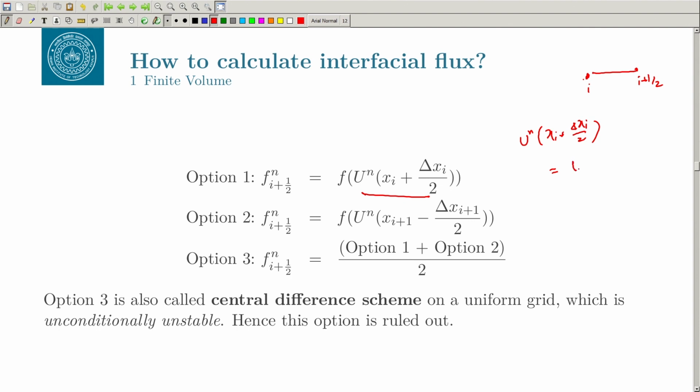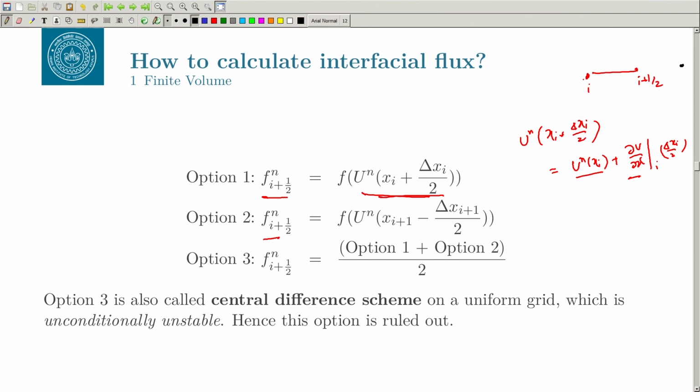So, this will become u at x I plus del u by del x at I times delta x I by 2, right. So, if you want to calculate the value at I plus half, you can take the gradient and use the value of u at x I and calculate that, right. The other way to do it is basically take the value of u I plus 1.